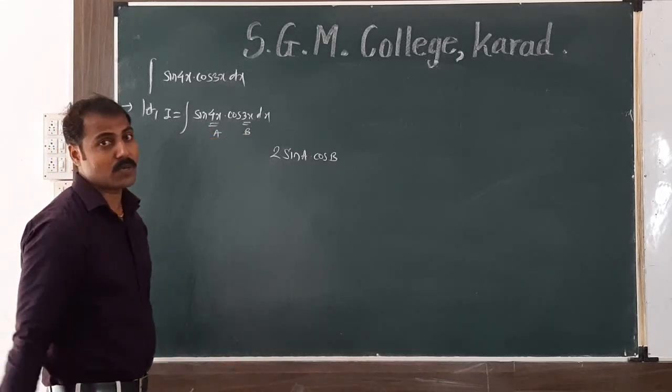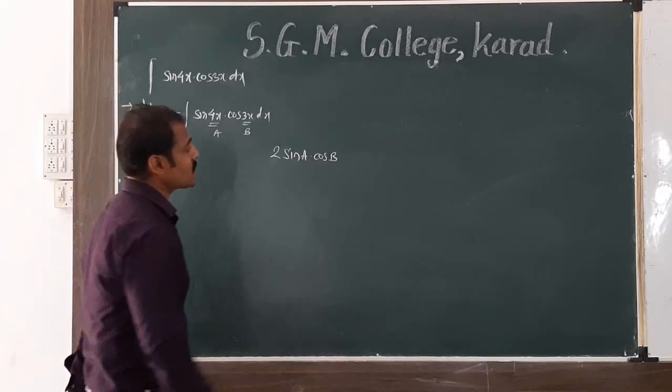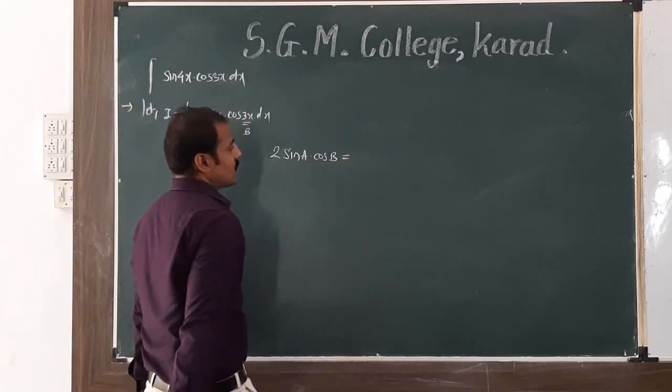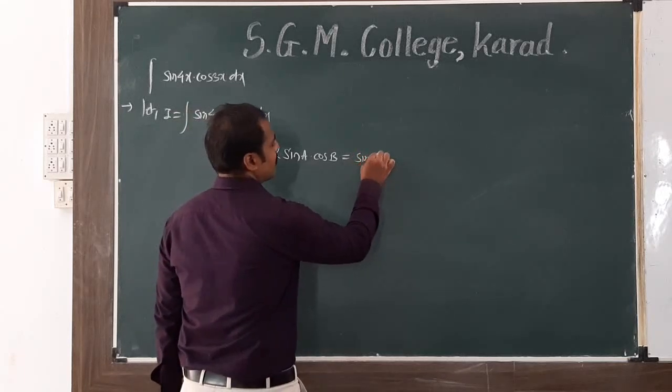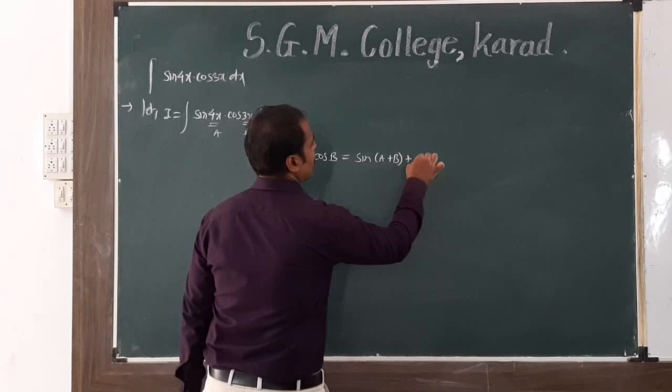We need the formula for sin a into cos b. Okay, so 2 sin a into cos b is equal to sin of a plus b plus sin of a minus b. Yes, you remember it. But there is only the term sin a into cos b.